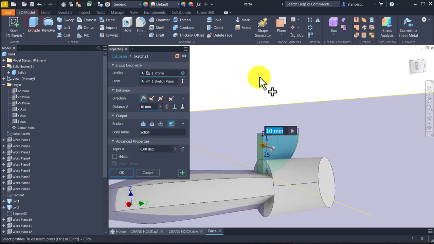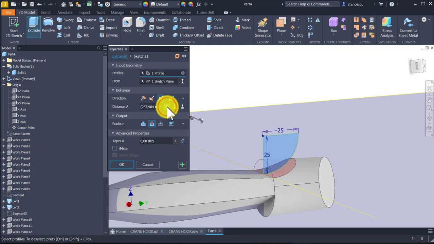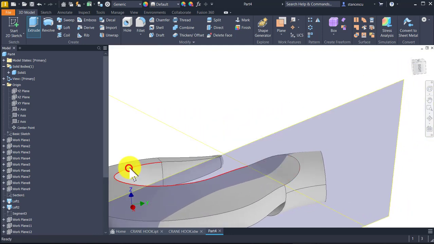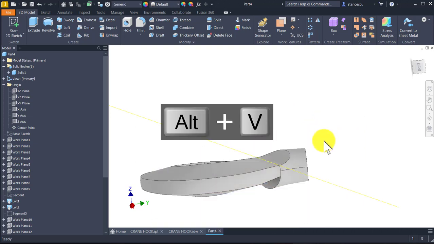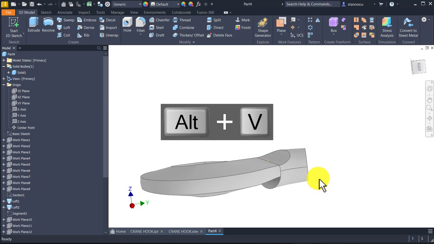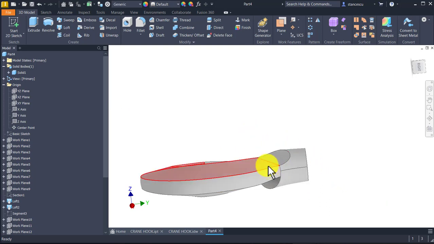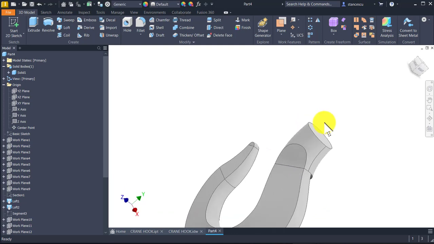Extrude, cut, symmetric all the way. Okay. Alt V, Alt V, and the point Alt V. I don't want to have garbage in my work.